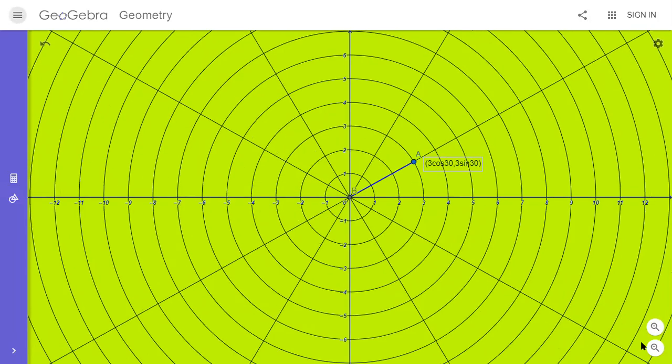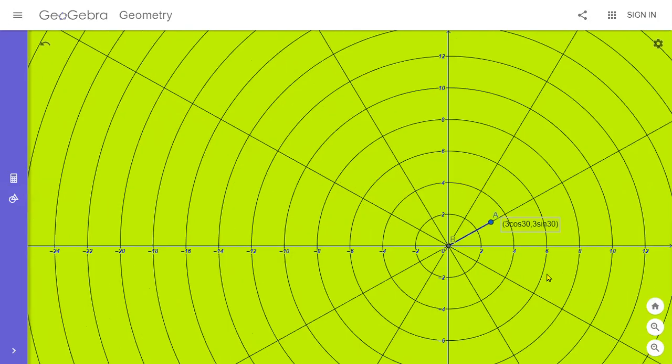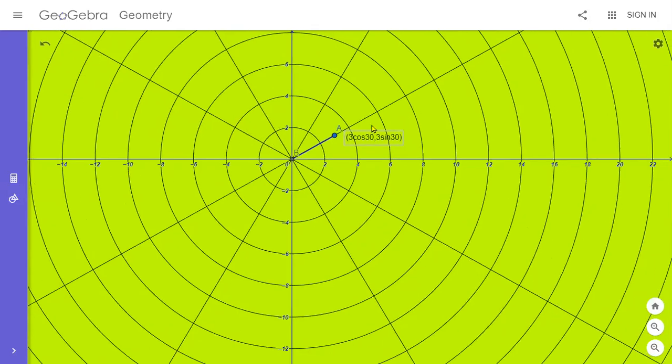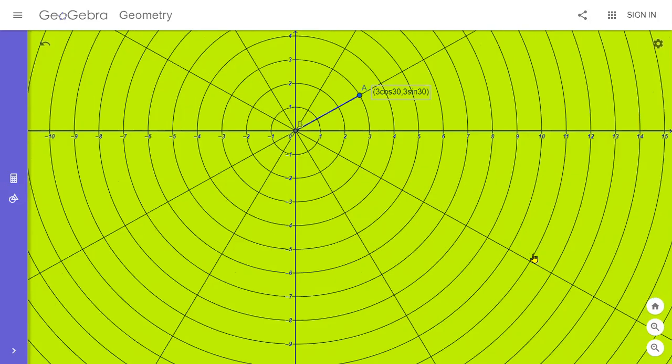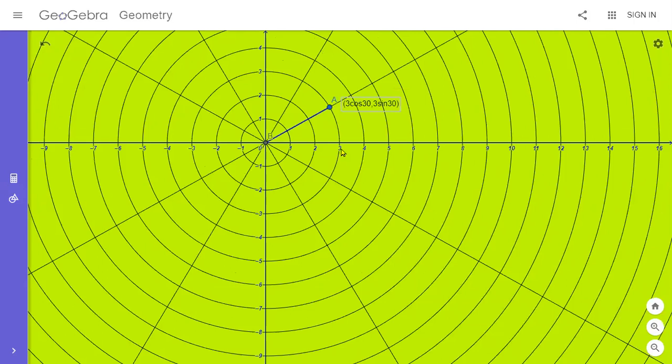This point A lies on the third circle, of radius 3 units. So 3 cosine 30 degrees, comma, 3 sine 30 degrees is the polar coordinate of this point A.